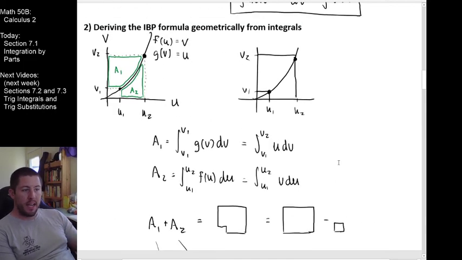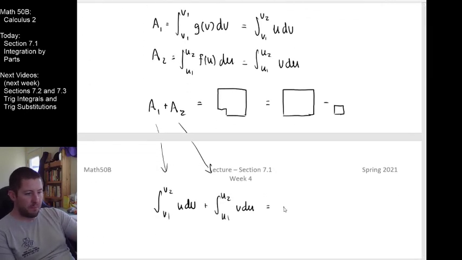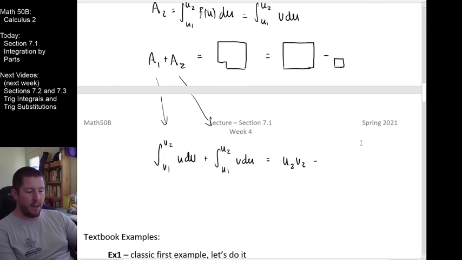Now, it looks like in this shape right here, the entire giant rectangle goes from 0 to u2 and then 0 to v2. So the giant rectangle's area is u2 v2. It's just the two side lengths, right? Minus, what's that tiny rectangle's area that we missed out on, that little one in the corner? Well, it's got a length of u1 and a height of v1. So u1 times v1 is its area.